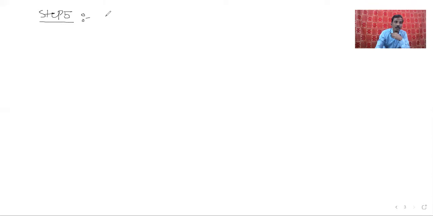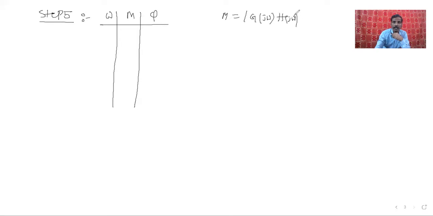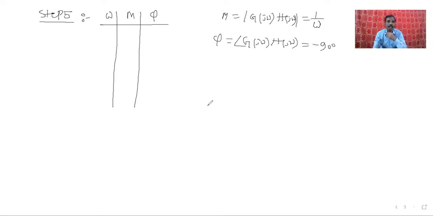Calculate frequency, magnitude and phase angle phi, where M equals the mod of G(j omega)H(j omega) equals 1 by omega, and phase angle phi, the angle of G(j omega)H(j omega), equals minus 90 degrees. For the Nyquist plot, always take the first value omega equals 0.